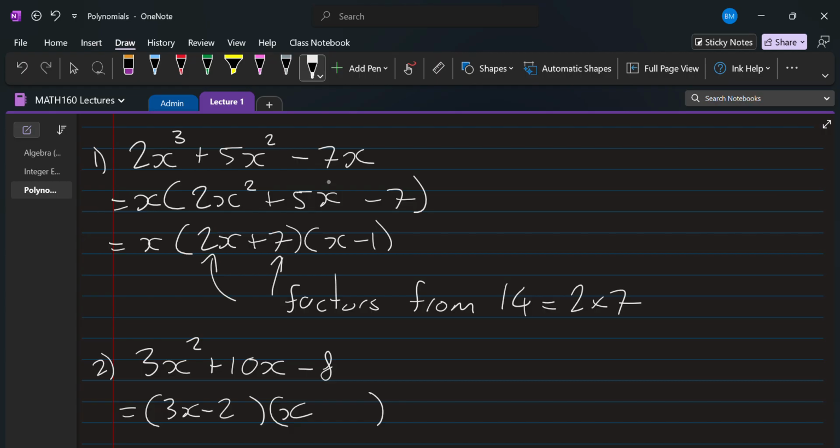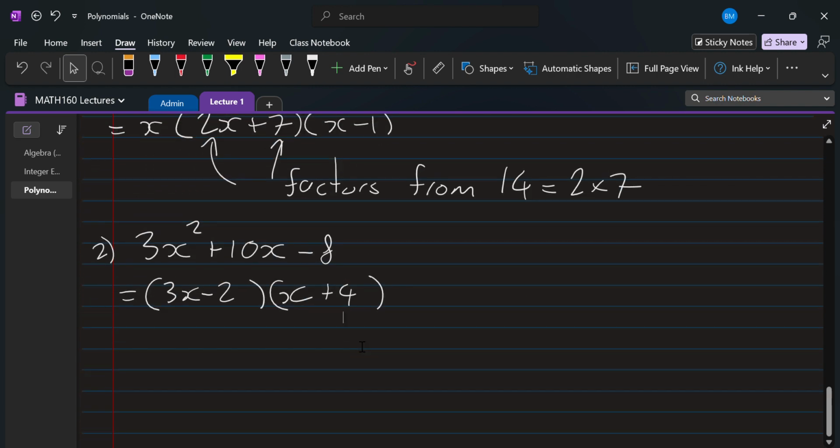What's that going to be? 2 and 8. Not quite. You're missing one. For the 2 brackets, right? We're looking for the numbers for the brackets.